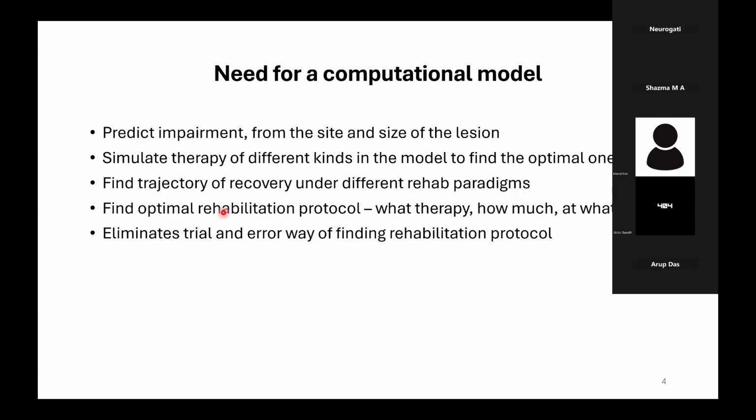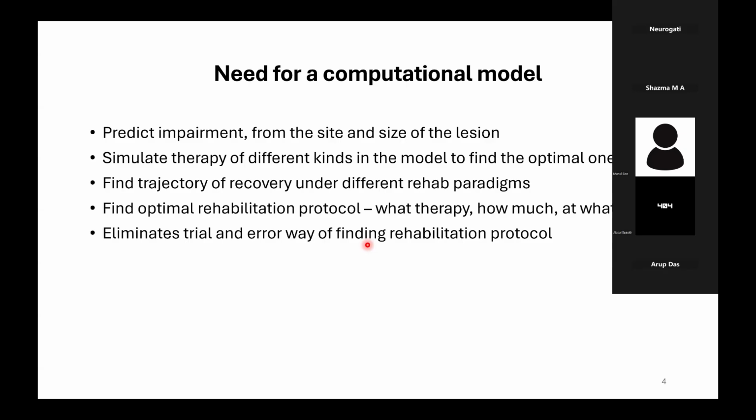Once this is done, we can also find the optimal rehabilitation protocol, that is, which therapy is to be used, at what time, and how much. This eliminates a trial and error way of finding the rehabilitation protocol. Now, the reason why this is extremely important is because as soon as a subject is afflicted with stroke, there is a small period of time where the plasticity, that is, the ability of the neurons to recover, is extremely high in the patient.